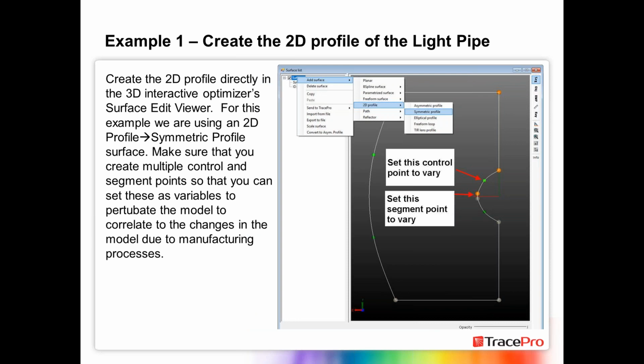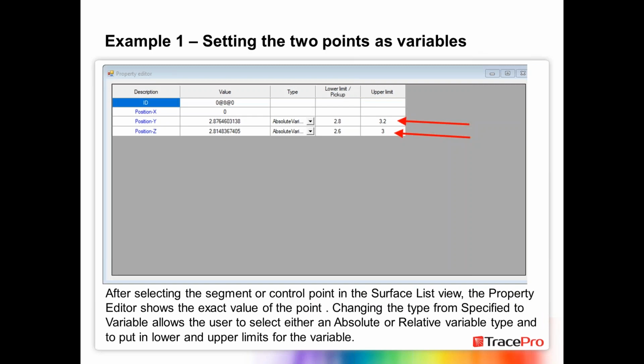So here you see in the interactive optimizer how I pulled on these points, and now I'm going to make them vary. To do that, I go into the property editor. I select, for instance, either the segment point or the control point, and in the third column it says specified.